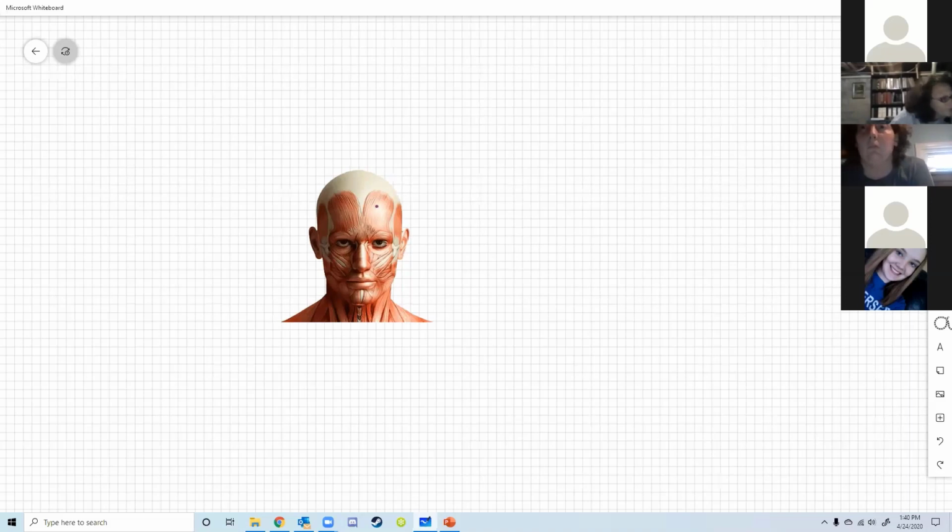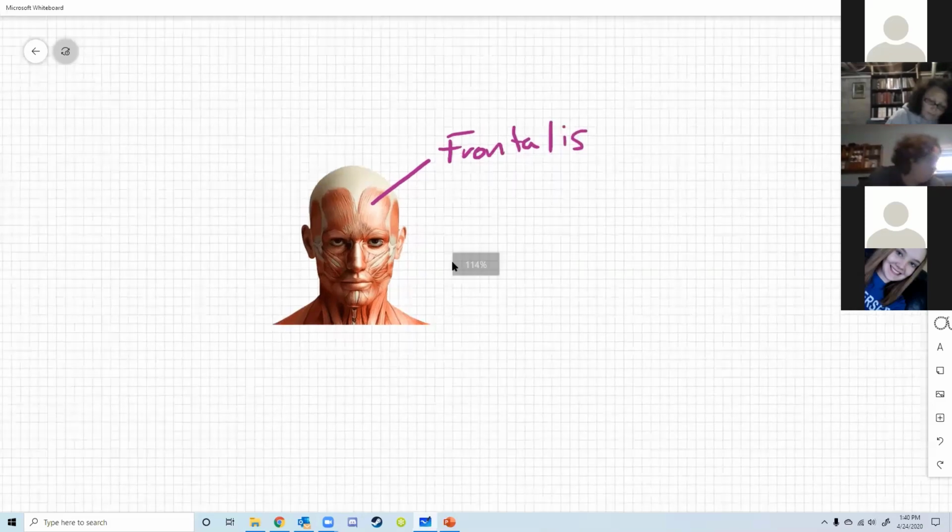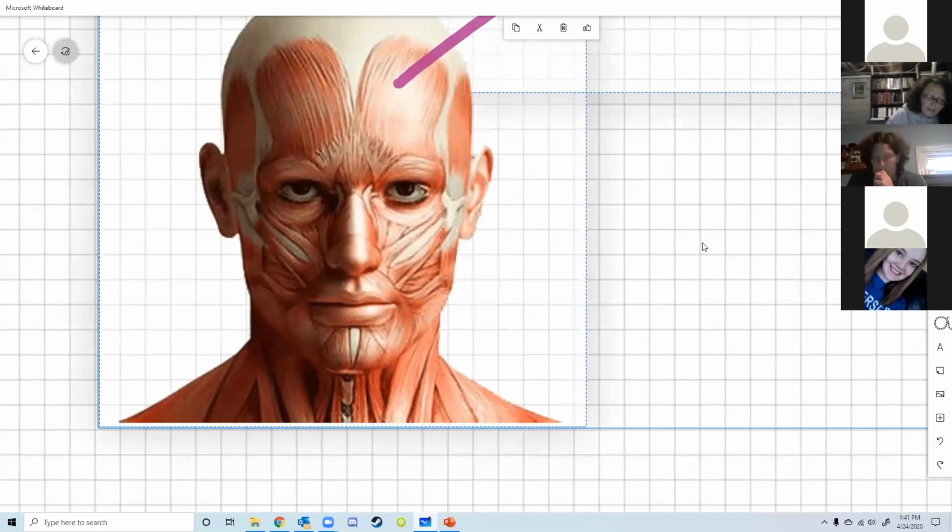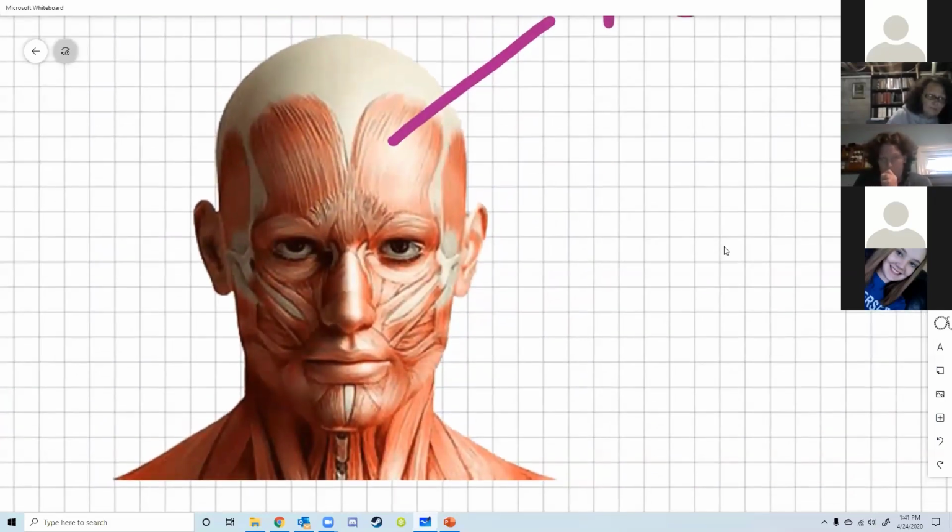Okay, the first one we got is frontalis. Guess what? It's the front. It's on the front. So easy. Just like your frontal bone up there in your skull. Here is your orbicularis oculi.